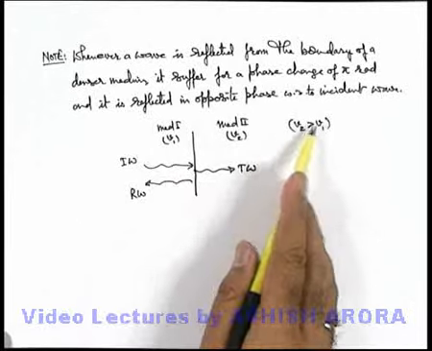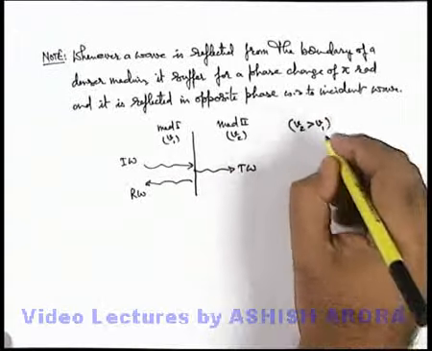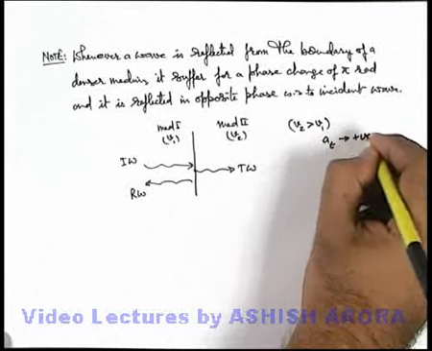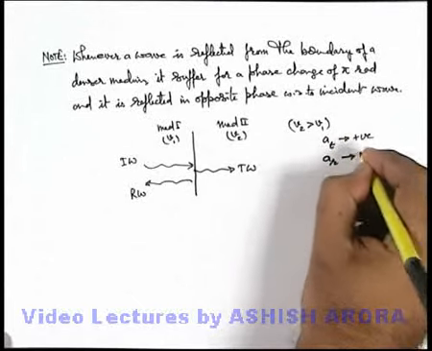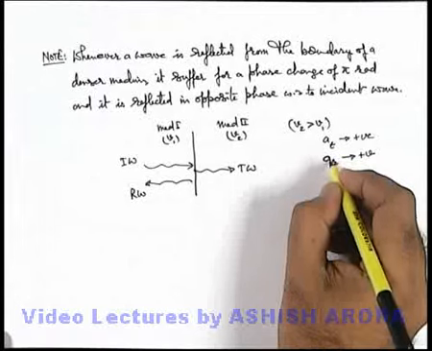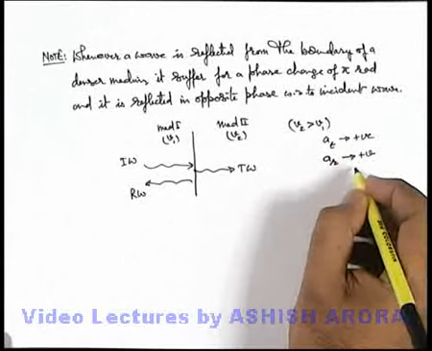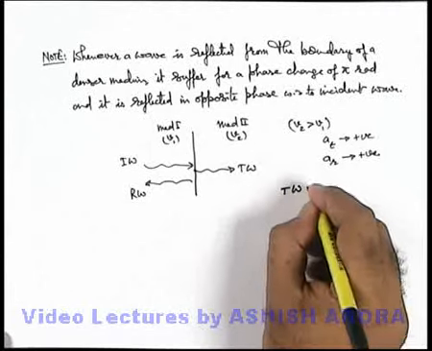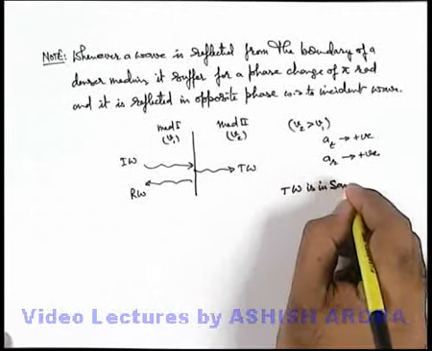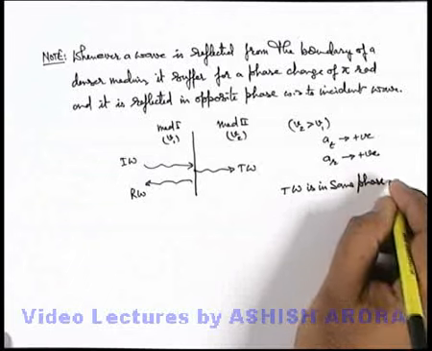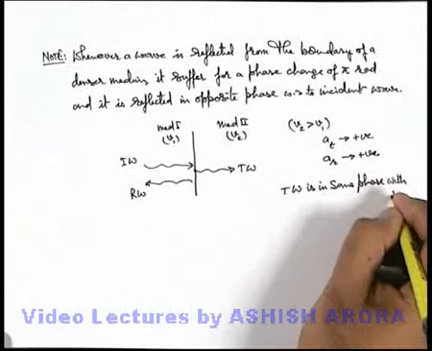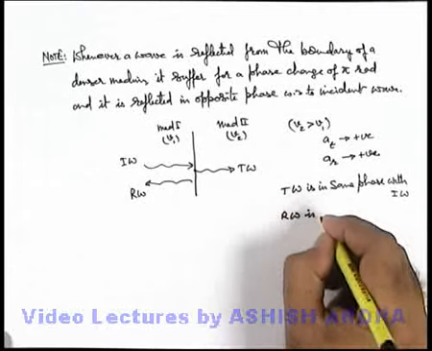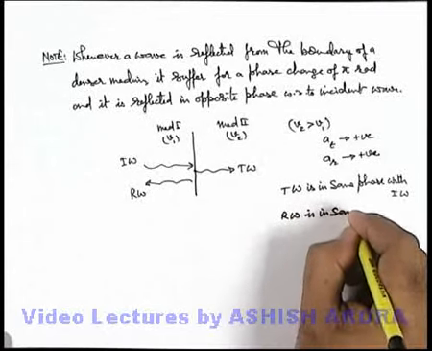In this situation, the transmission coefficient is always positive, and the reflection coefficient will also be positive because it is given as v2 minus v1 upon v1 plus v2. So if both are positive, the transmitted wave is in the same phase with the incident wave, and the reflected wave is also in the same phase with the incident wave.